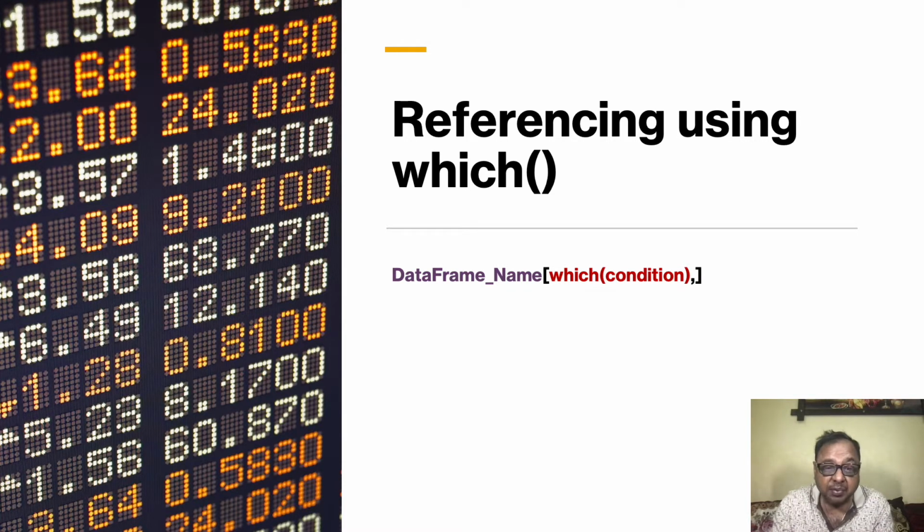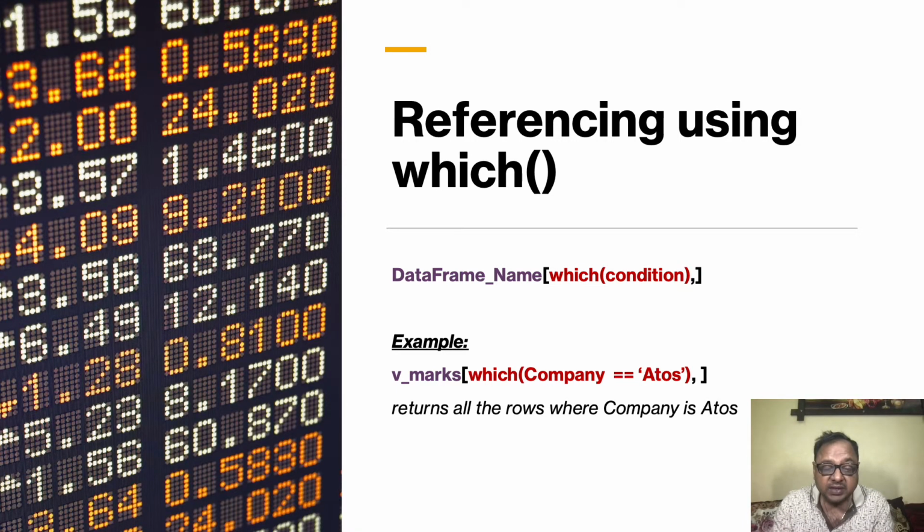So we see an example. Our data frame name is v underscore marks. If we say which company is equal to Atos, this command should get me all the records where the company name is equal to Atos, and it will give me all the columns of data in this particular data frame. So now let's head to RStudio to see this in action.